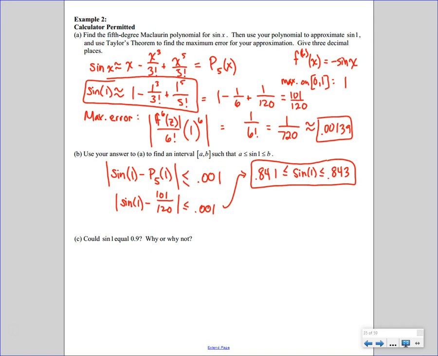Lagrange is a worst case scenario, which will sometimes be the same as the alternating series error bound, but sometimes it'll be a little bit broader, because it's found a different way, and Lagrange works for any series. Alternating only works for alternating. So for alternating, we can get a little bit more precise. Does that make sense? Sometimes more precise and sometimes the exact same amount.